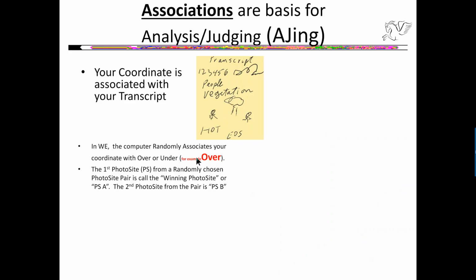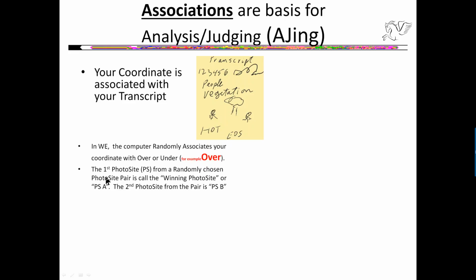Now notice there are two sides, but it's random in terms of the coordinate associated with over or under. So we're doing an example like your basketball game. It could be over 195 points, 200 points, whatever the line is on that day for that game. Let's just say in this example that the computer randomly associates this coordinate with over.